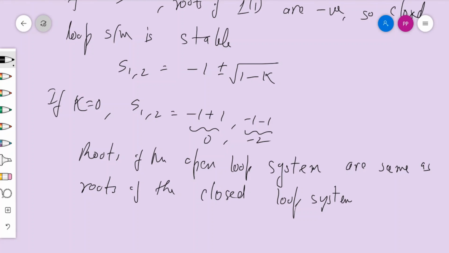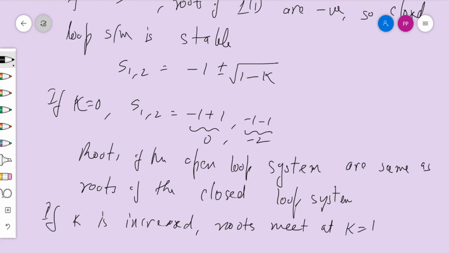So if k is increased and the roots meet at k equal to 1, say, then what will happen?